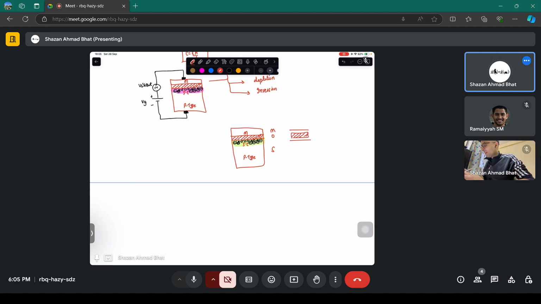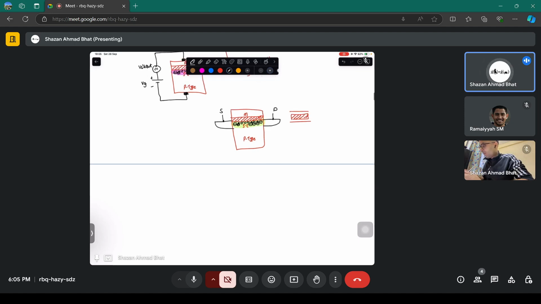But now we bring in a region here and another region here, which act almost like connecting probes. This region is called the source region, and this region is called the drain region. You surround them like this, and you get the MOSFET structure.